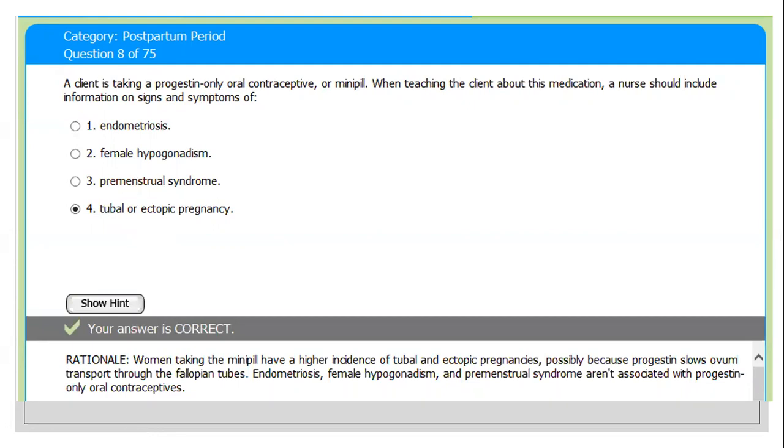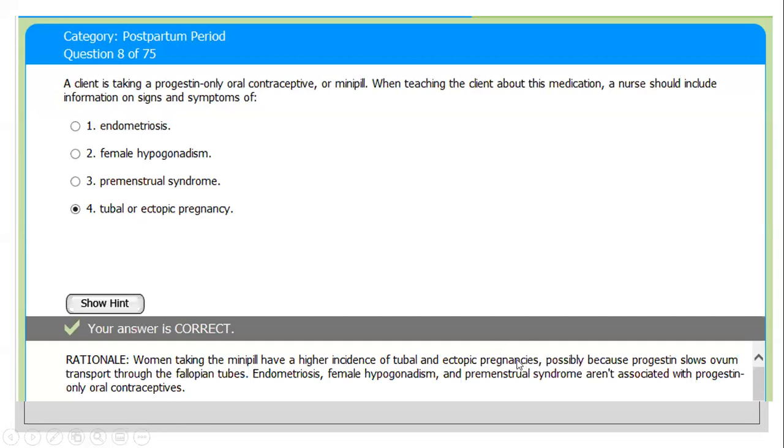So we learn from this question the progestin contraceptive pill or mini pill increases the risk of tubal pregnancies. Rationale said women taking a mini pill have a higher incidence of tubal or ectopic pregnancies.